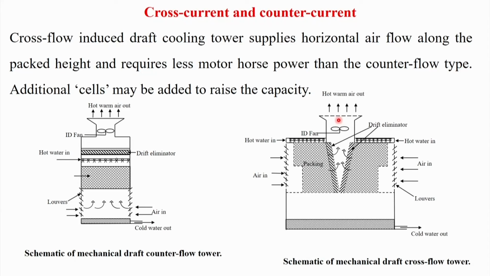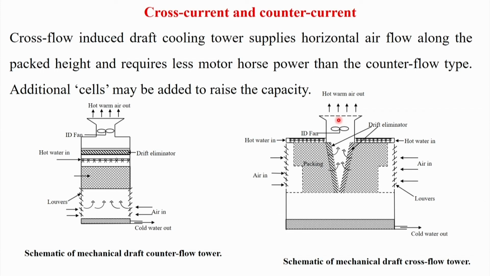In the case of the mechanical draft cross flow cooling towers, we can add so many modules one by one. That facility is available for these mechanical draft cross flow cooling towers. But in the case of the counter flow cooling tower, it has a fixed structure, so we cannot add.